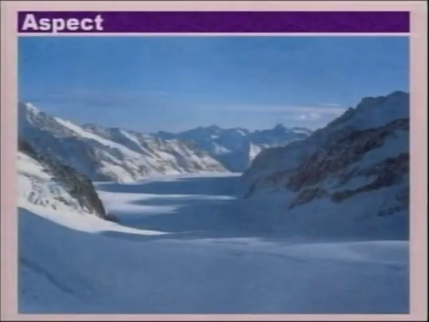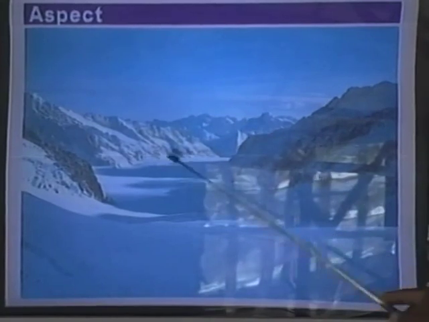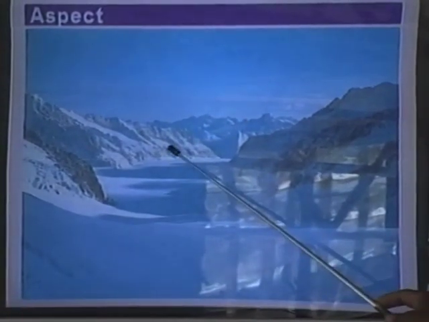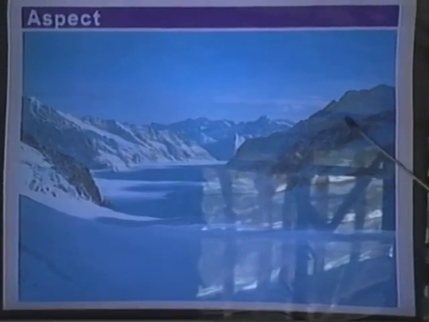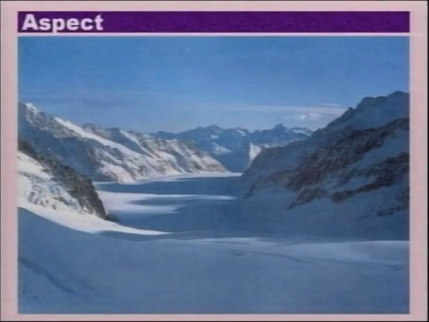We had some photographs to show the concept of aspect. Here we are looking at perhaps an area in the Arctic region. You can see one section of the landform which has been heated up, and the other side in shadow. The lighted area will be warmer compared to the area that is in shadow.